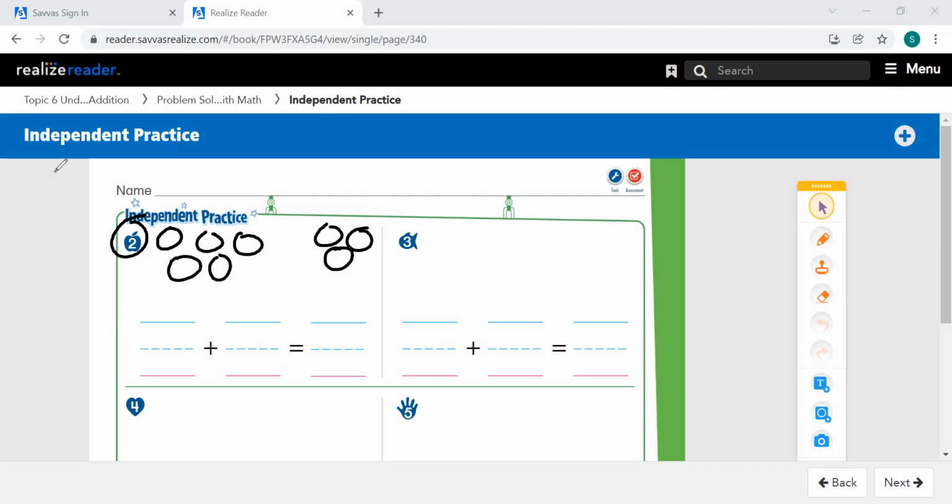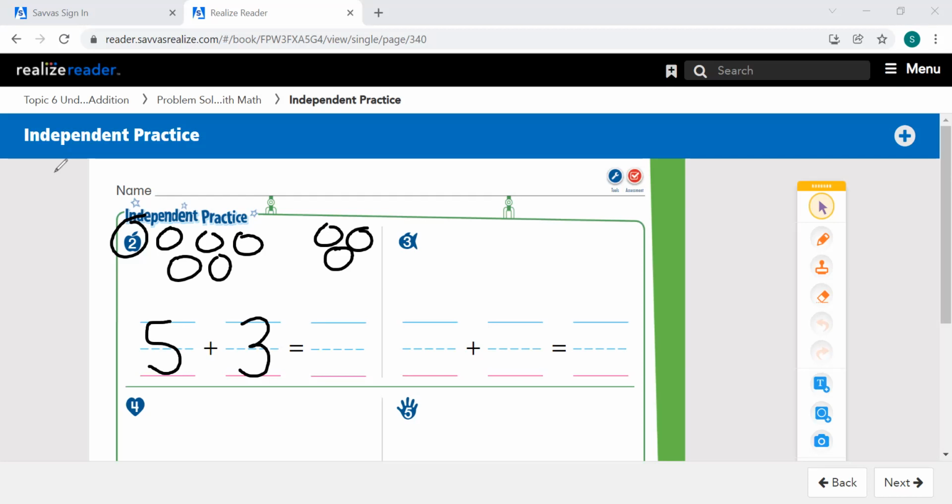So now we are going to explain this in an equation. We have 5 stones in our first pail plus 3 stones in the second pail. So 5 plus 3 equals what?